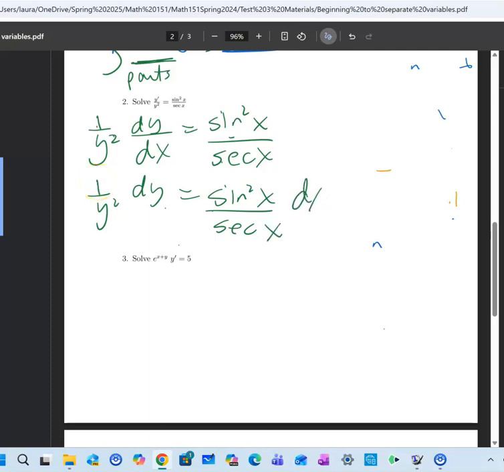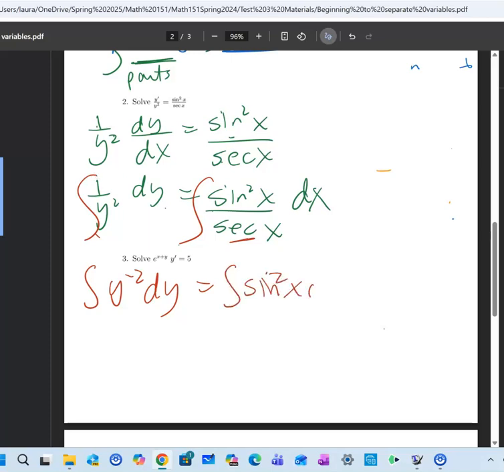Okay, so let's think about this. I want to be able to take the integral, right? So if I take the integral, this is the same thing as saying y to the negative 2. So I'll do that in the next step. Secant in the denominator, isn't that the same as saying cosine in the numerator?